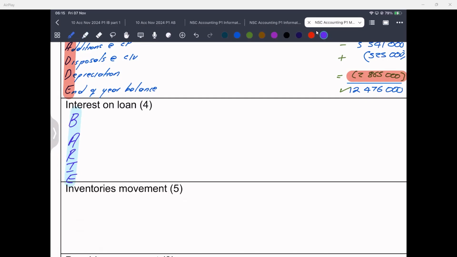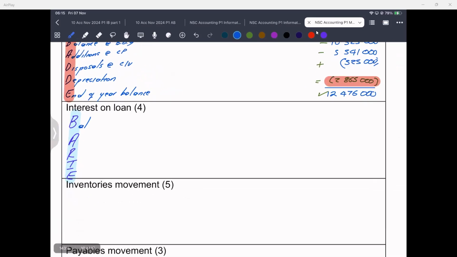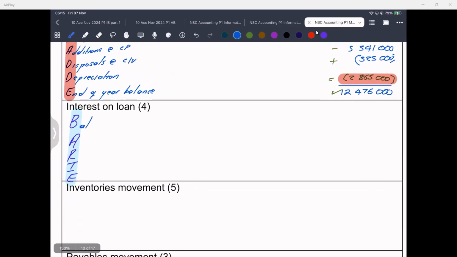What does this stand for? It is just balance at beginning of year. And then you're going to put in additional loan taken during the year.